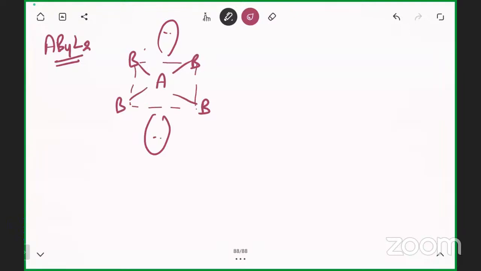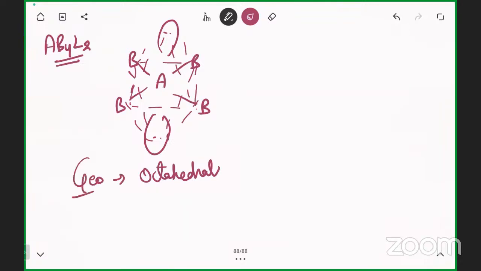Shape or geometry? Octahedral. The geometry will be octahedral. But just remove these lone pairs. Now the shape.